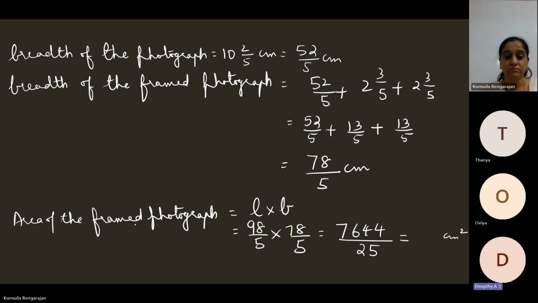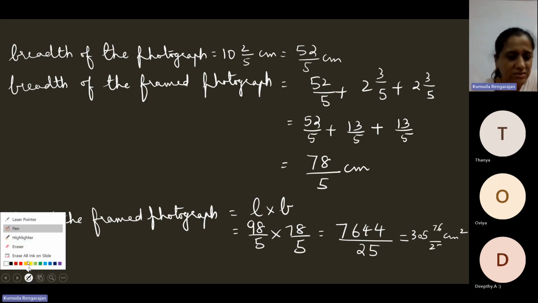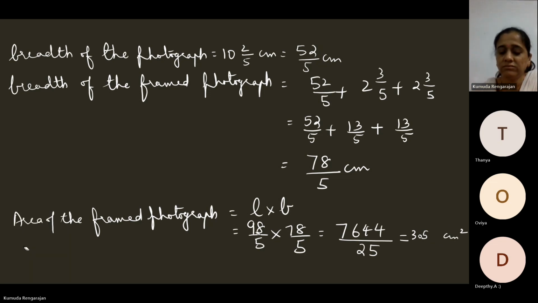Mom, I got the answer. What is it? 305, 76 by 25. 76? That's not possible. In the mixed fraction, a mixed fraction is made up of a whole number and a proper fraction.